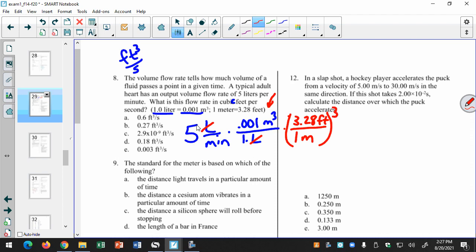And that leaves me with my cubic meters cancel here and here. That leaves me with feet cubed, or cubic feet, per minute. But that's not what I want either. And so I do 1 minute, and then I think, how many seconds are in a minute? I don't give you that conversion factor, but you should know it. 60 seconds in a minute, and then that gives me the answer.